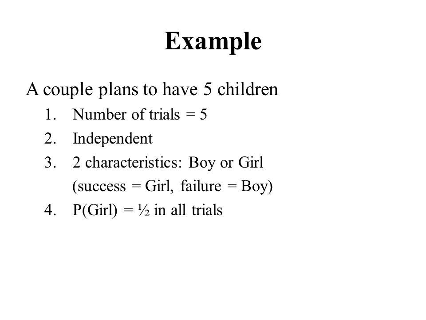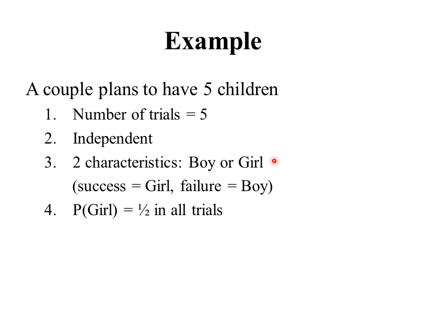So to illustrate this, let's look at a couple of scenarios. First example, a couple plans to have 5 children. So we could think of each child as a trial. So we have 5 trials. They're independent in the sense that we'll assume that the gender of one child has no effect on the gender of any other. Each trial has only two characteristics.